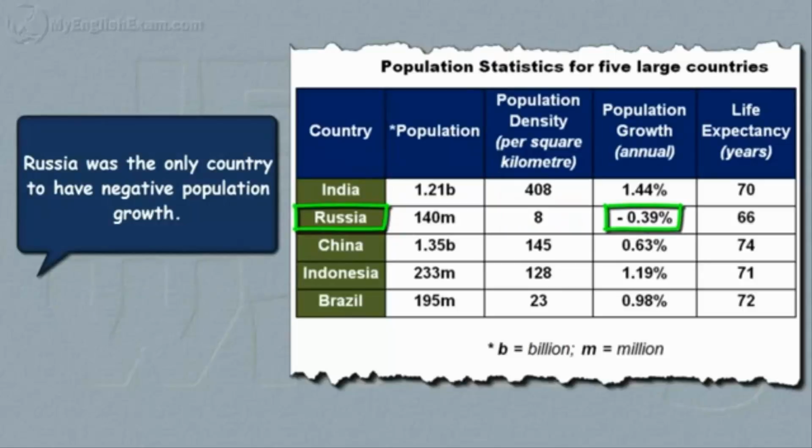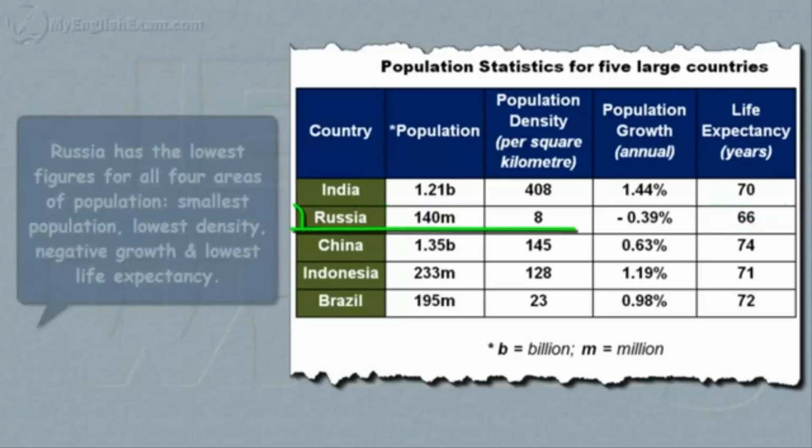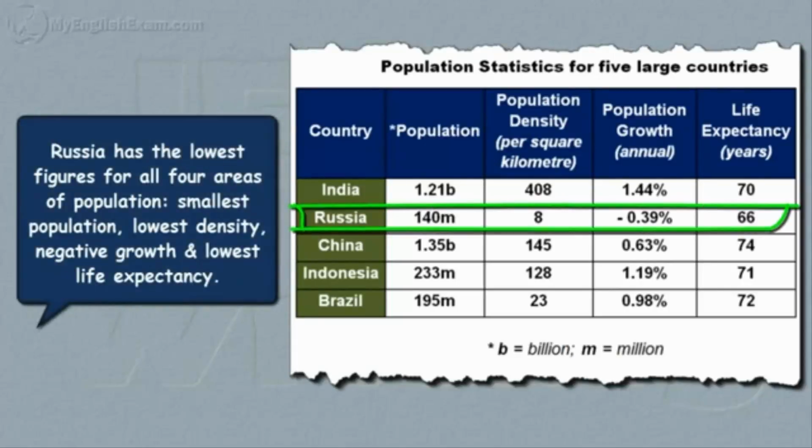Russia was the only country to have negative population growth. Russia was also the country with the lowest life expectancy. Russia has the lowest figures for all 4 areas of population: smallest population, lowest density, negative growth, and lowest life expectancy.